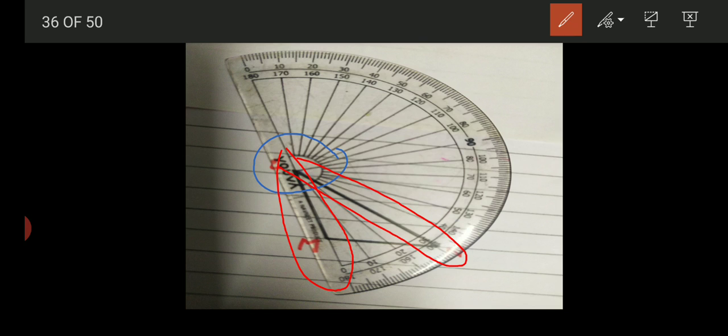Can you see that 30 degree? So here we conclude that the measure of angle L is equal to 30 degree. Fine. Now let's move ahead and find out the last angle measurement.